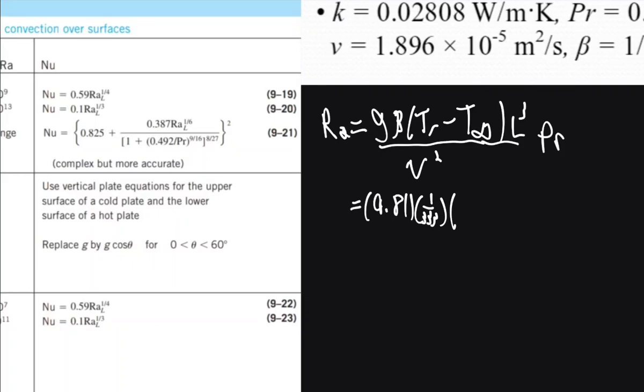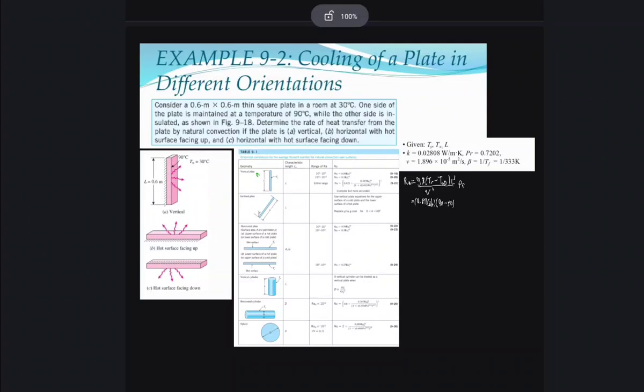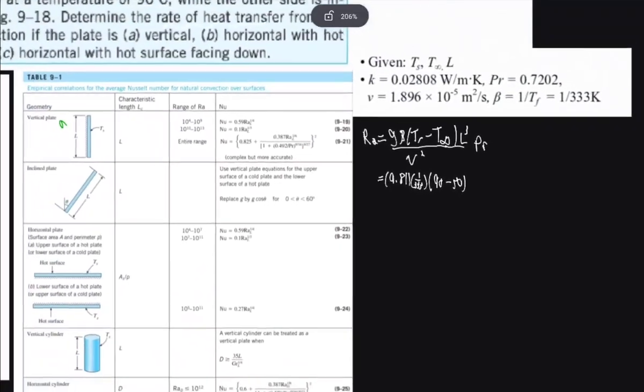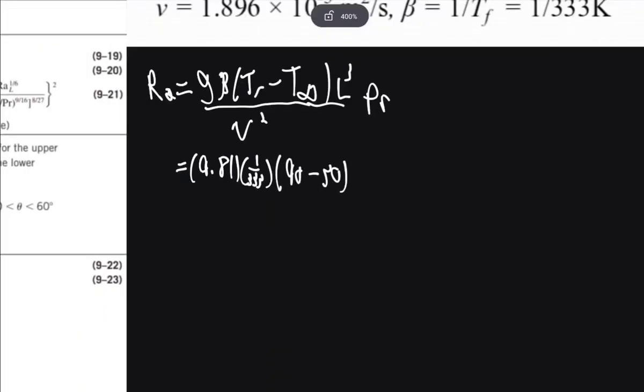We want the absolute value basically. So 90 minus 30 times L cubed. Oh, the room is 30 degrees Celsius. That makes more sense. And then L cubed, what is L? Okay, so it's a 0.6 by 0.6. So it would make sense that L is 0.6.